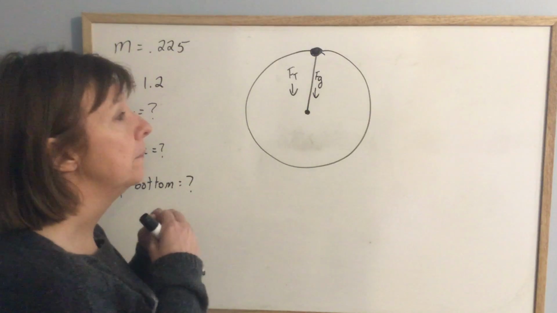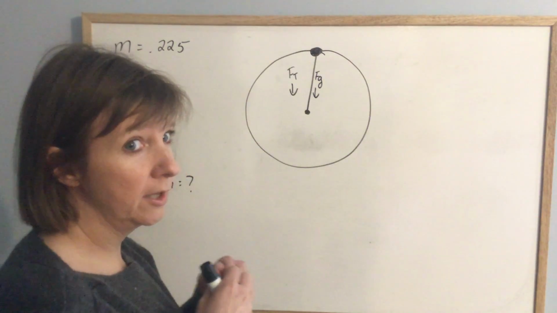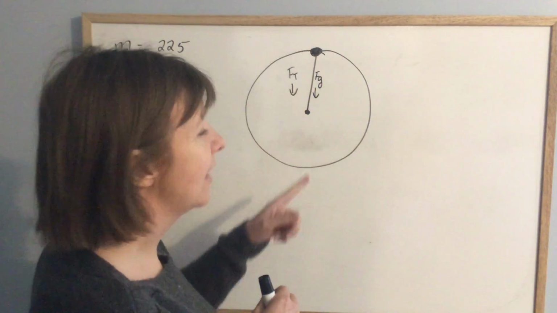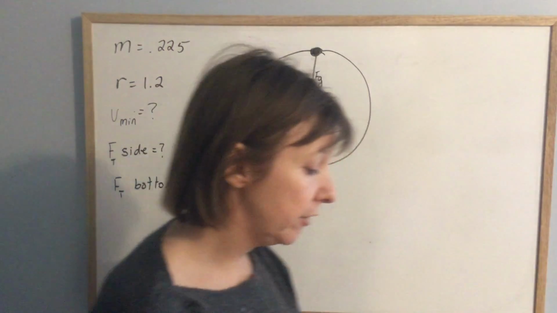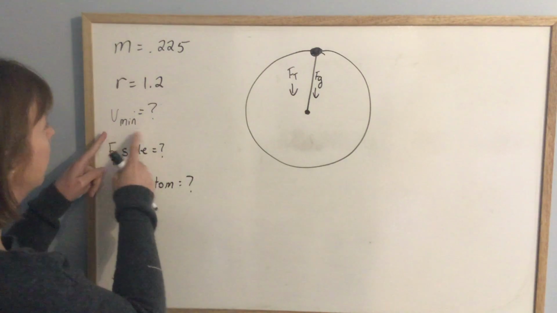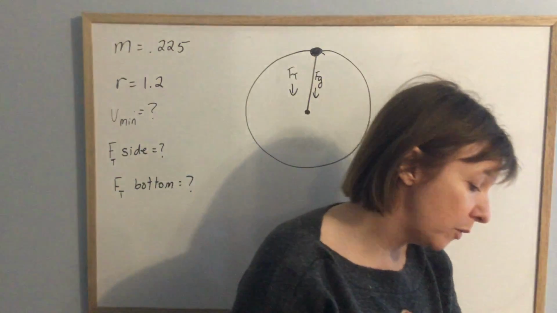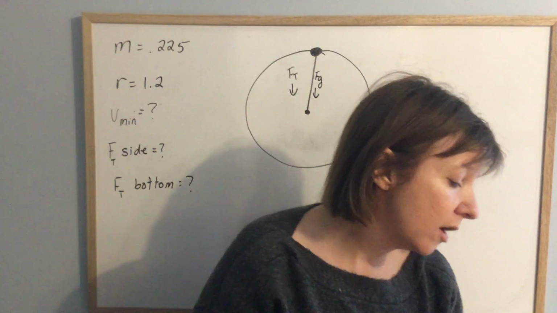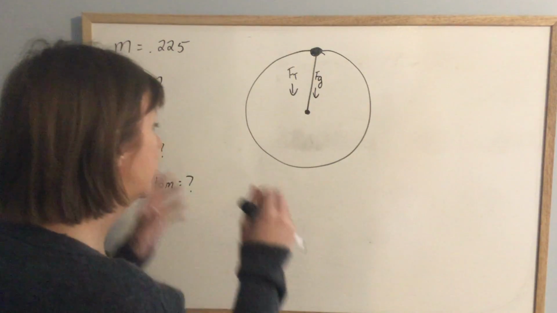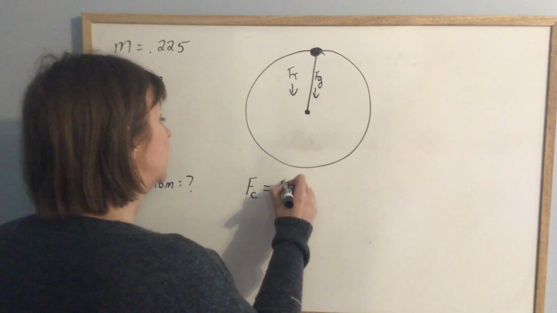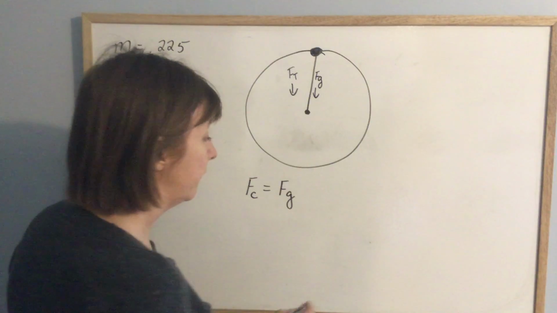So to figure out part A, the minimum velocity, I know that happens when the centripetal force is equal to the force of gravity.